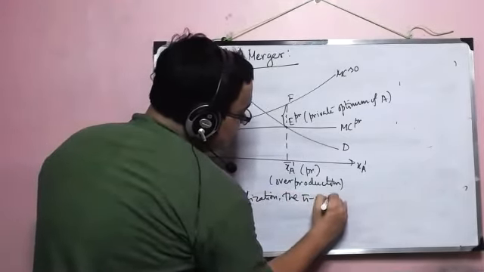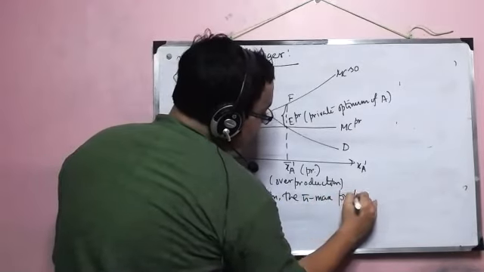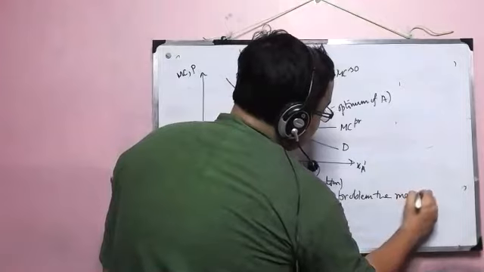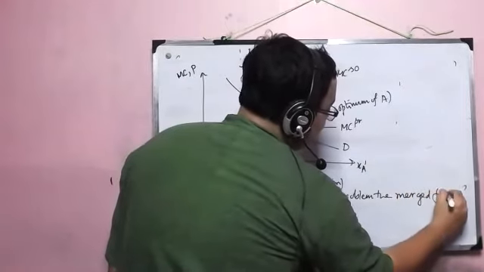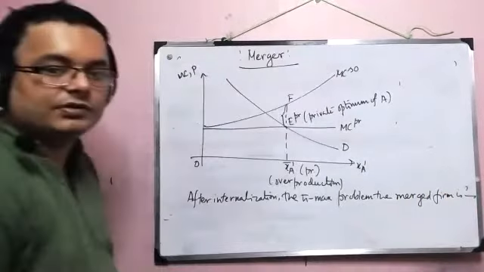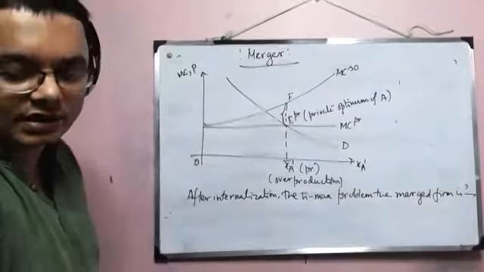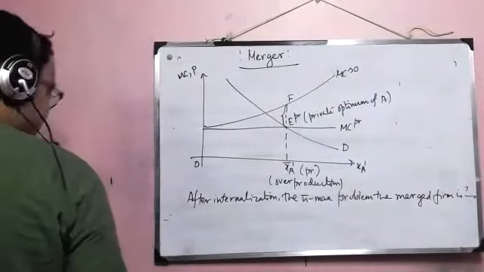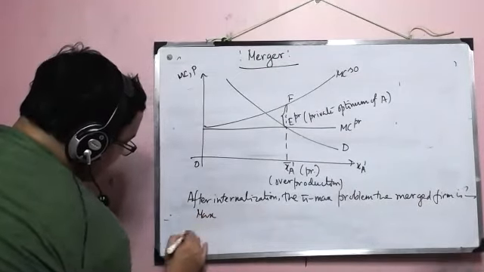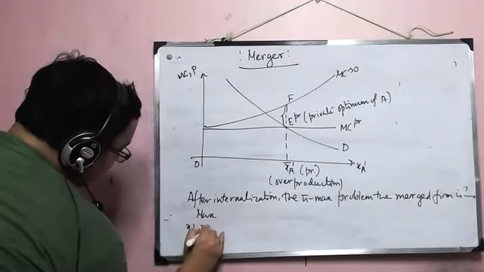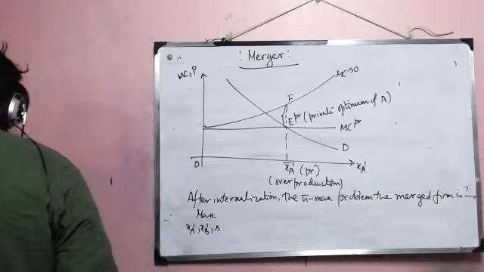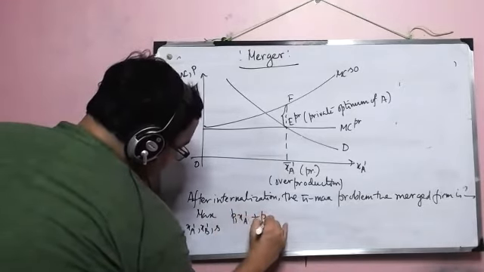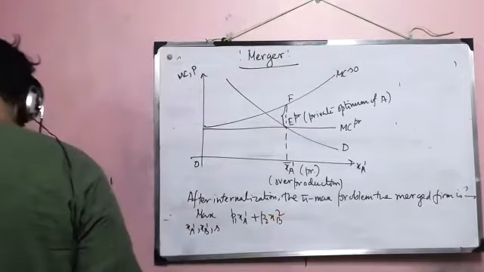The profit maximization, the pi max problem of the merged firm is, so what is it? Let's look at that. And then accordingly we'll change the diagram. So it will be maximize. So now you have XA1, XB1 and S. And then you are producing two goods, right? So this becomes your problem.